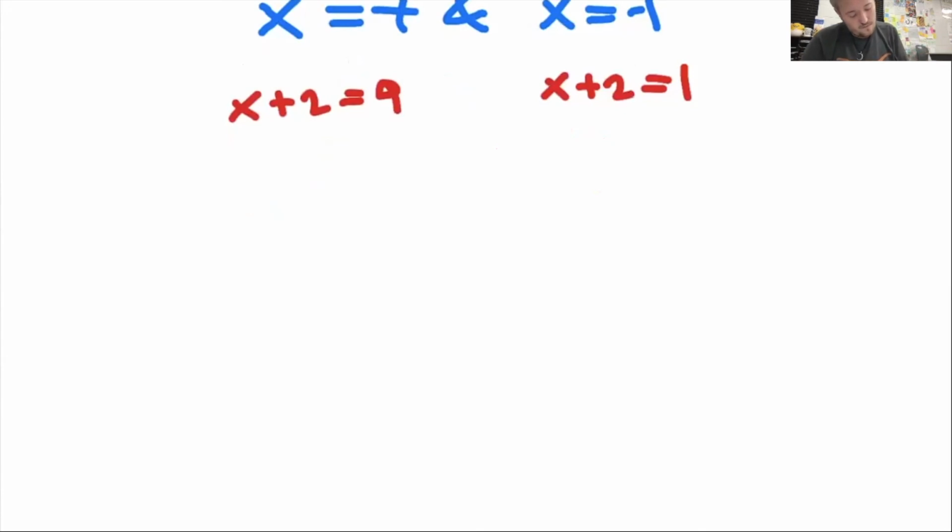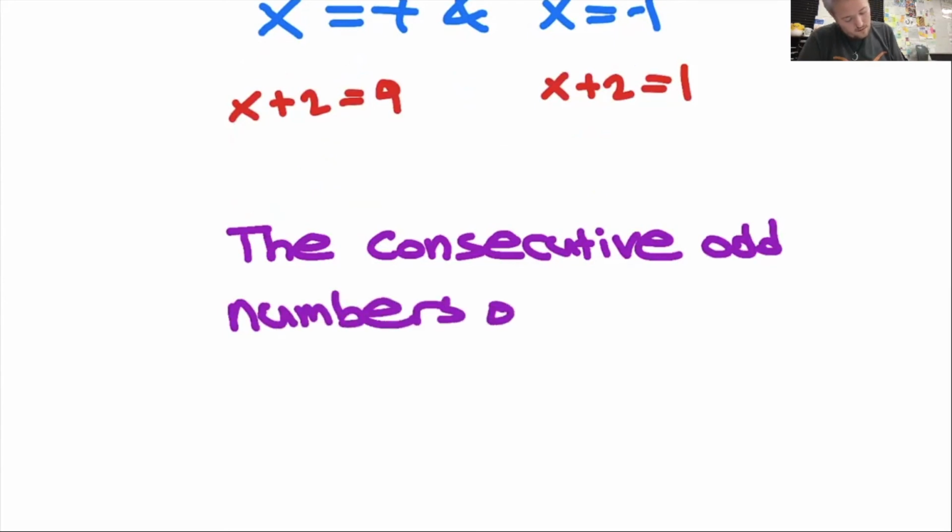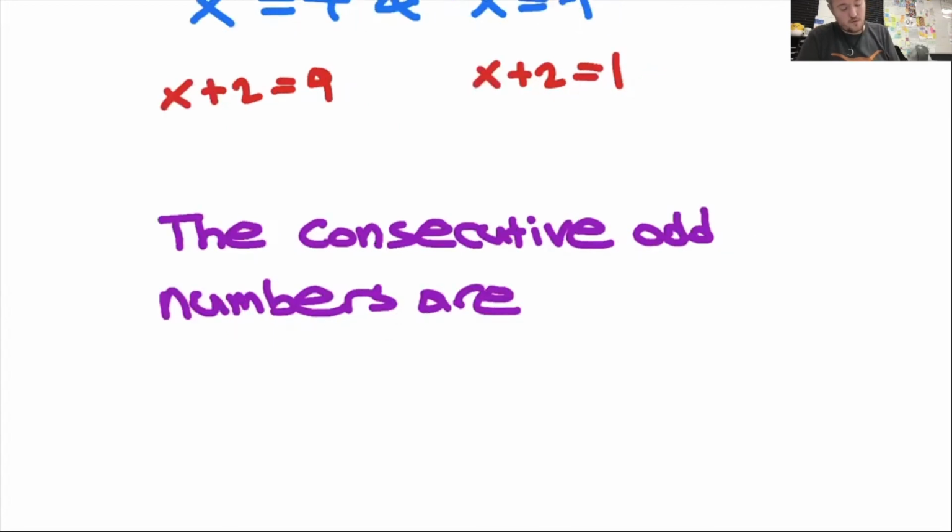So the consecutive odd numbers are, I'll start with the smaller one.